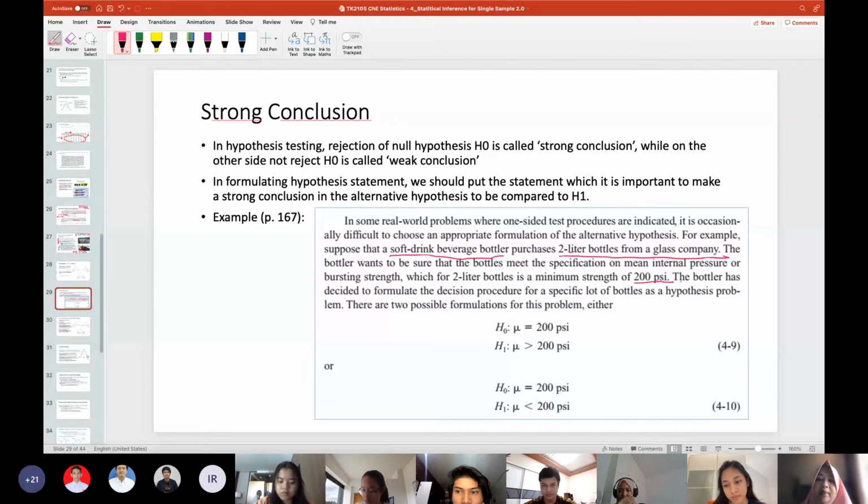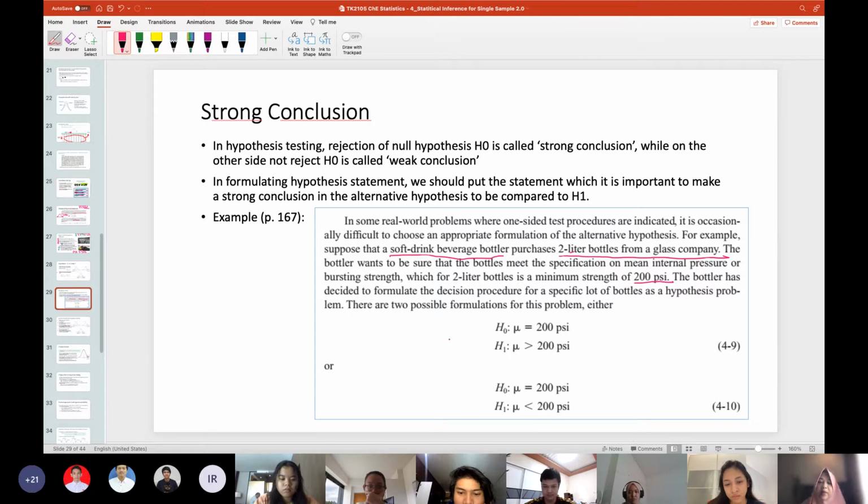Then the bottler decides to formulate a decision for this specific problem. For example, the null hypothesis equals 200 psi and H1 is more than 200 psi, or the first one equal to and H1 is less than.